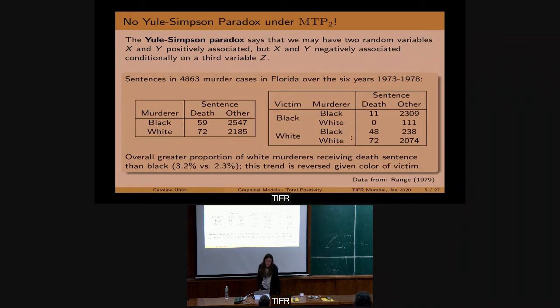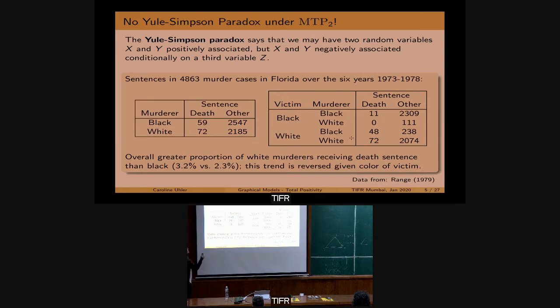So first of all, just to get a bit more intuition for this MTP2 constraint. It is a super strong form of positive dependence that will remain positive no matter what you condition on. In particular, that means that you cannot have Simpson's paradox. You probably know this example. This is real data, which is very disturbing, because both of these are real representations of the data.